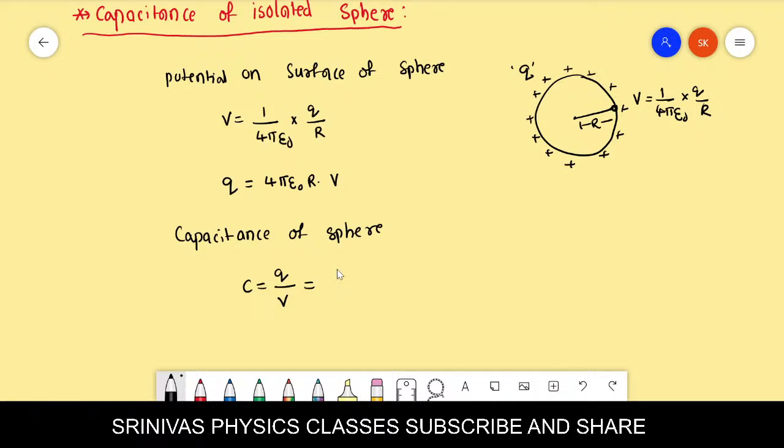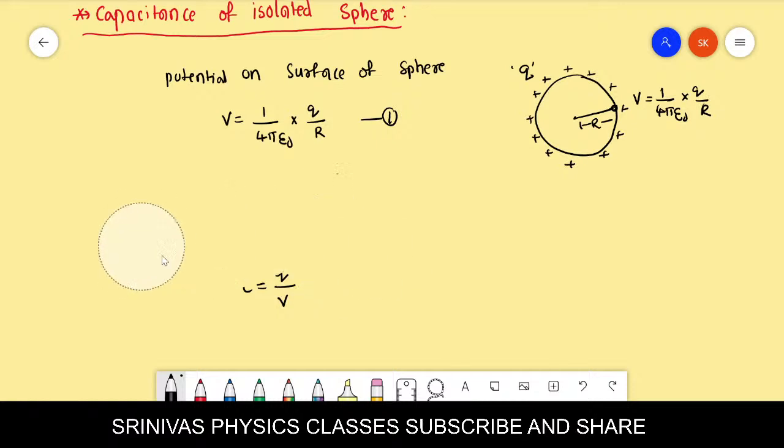This is equation 1. From equation 1 we write the charge formula, 4 pi epsilon naught R into V, or otherwise directly we can use the potential formula, equation 1.